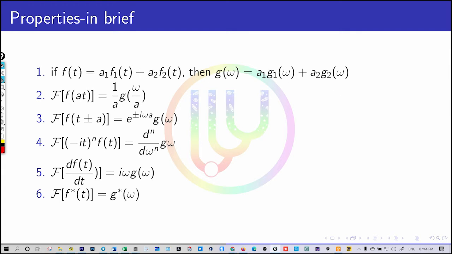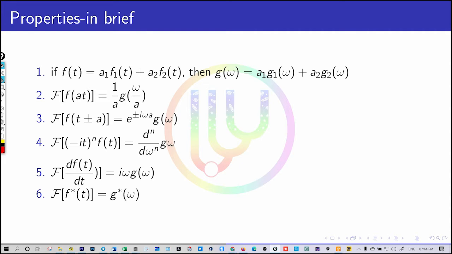Then we had stretching theorem or squeezing theorem. We have Fourier transform of f of a t is equal to 1 by a g of omega by a. And we have shifting theorem, Fourier transform of f of t plus or minus a is equal to e raised to plus or minus I omega a g of omega.